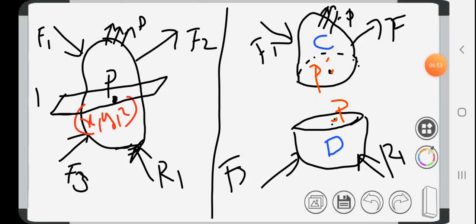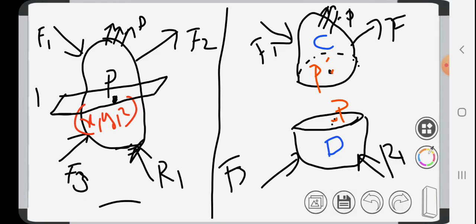So students, I have a body here, subjected to complex loading. So the geometry is also complex, loading is also complex. There are some point loads like F1, F2, and F3, and support reactions R1, R2, and uniform loading of P. Suppose I am taking a particular point P, with the coordinates x, y, z in that body.